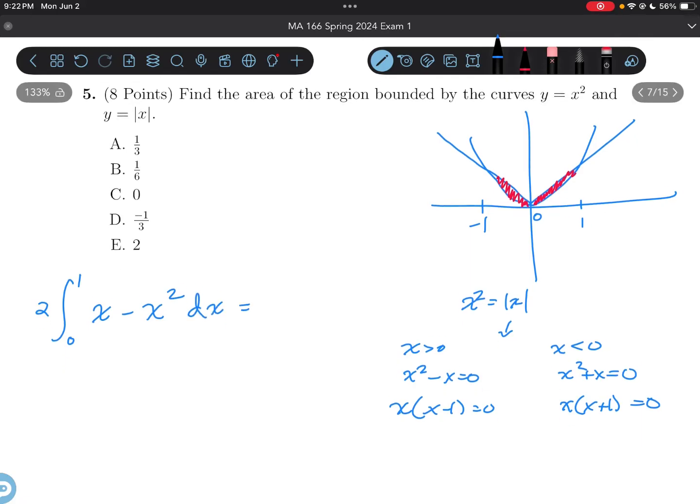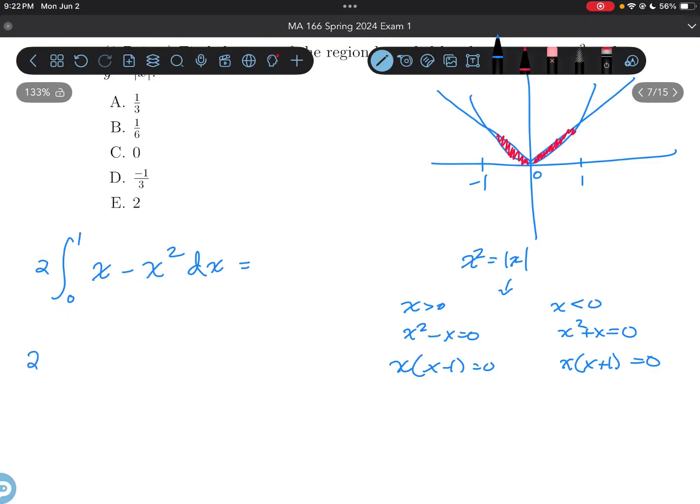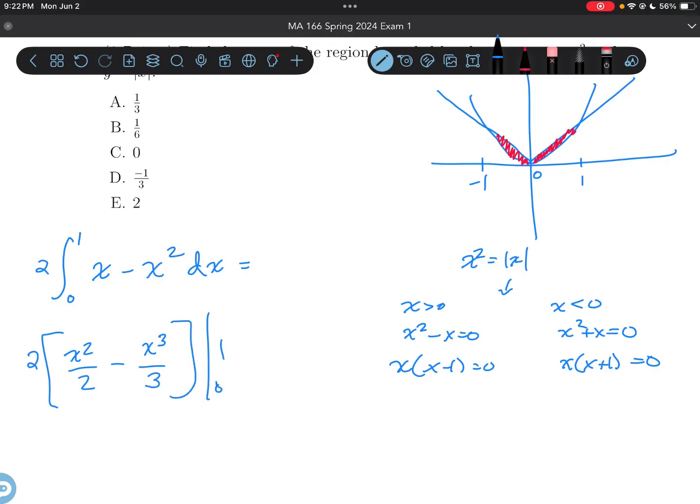And now all we have to do is find the antiderivative. Using the reverse power rule, the antiderivative of x is x squared over 2. And using the reverse power rule for x squared, the antiderivative of that is x cubed over 3. And this is from 0 to 1.